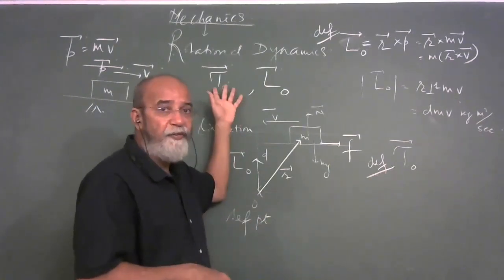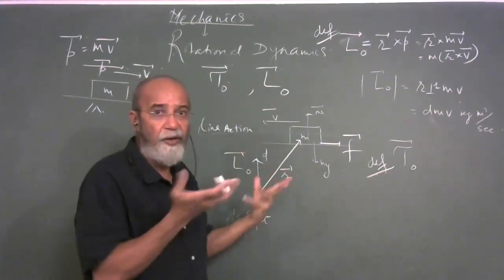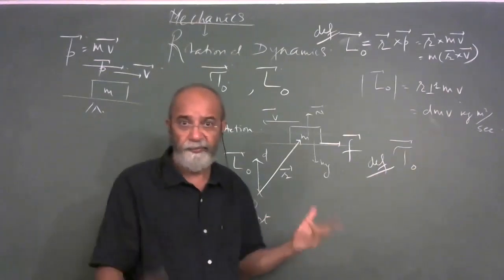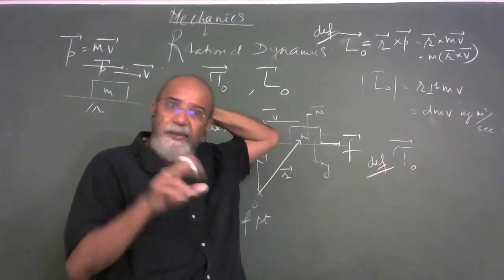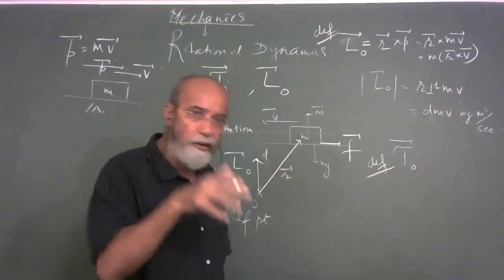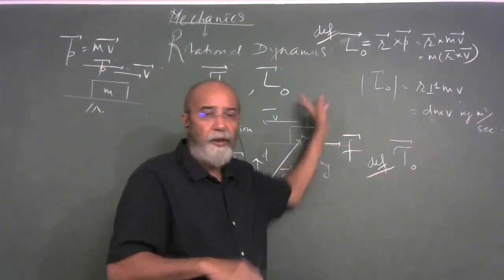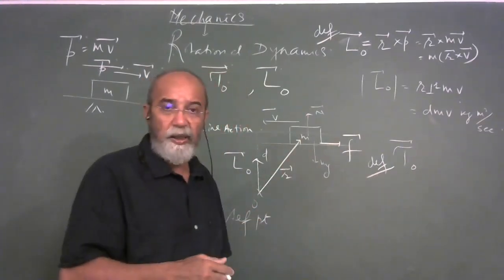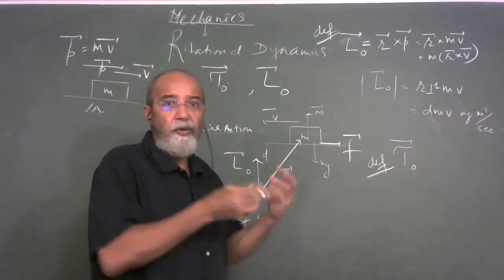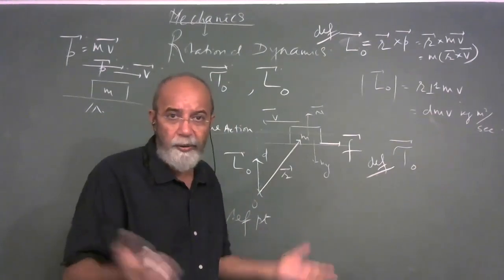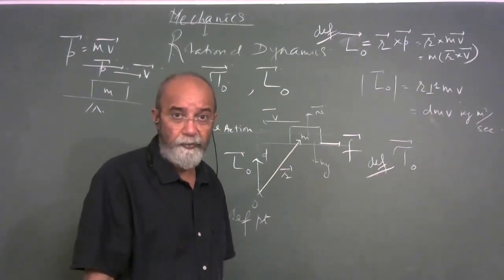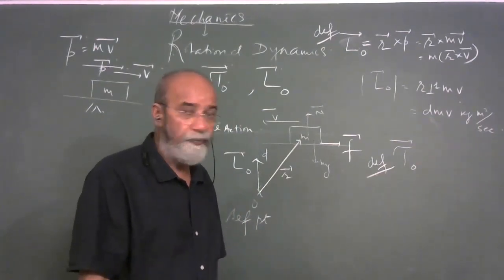You can't use different references and try to find a relationship. You won't get it. But you will make this mistake, you will see that in rolling. You found torque from some other axis and angular momentum from some other axis, and then you tried to connect them and went wrong in the problem. So you'll have to be alert.